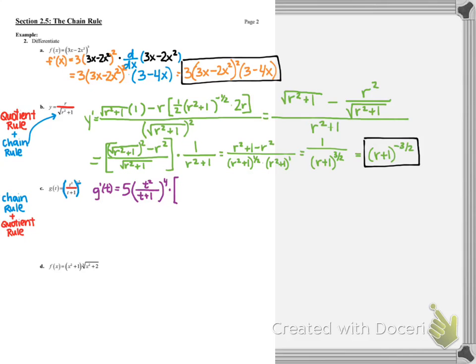Then I'm going to need to multiply by the derivative of the inner function. For this, I will have to use quotient rule. Leave the bottom, derivative of the top, minus leave the top, derivative of the bottom, all over the bottom squared. Now then, it's just time to simplify.